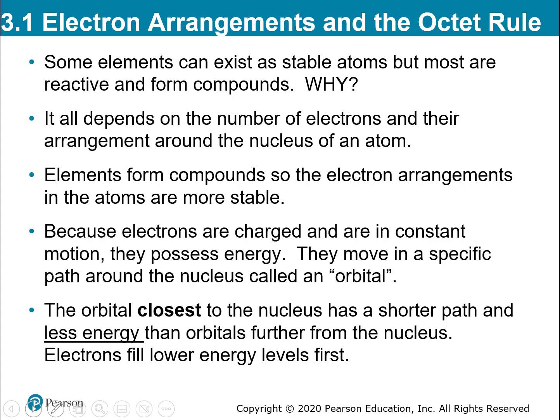Some elements on the periodic table were found to be really stable all by themselves, and those were the noble gases. If you have a sample of helium, it doesn't form a compound. If you buy a can of helium to fill up your balloons, it is nothing but helium atoms. You don't find helium combining the way hydrogen and oxygen combine to form water.